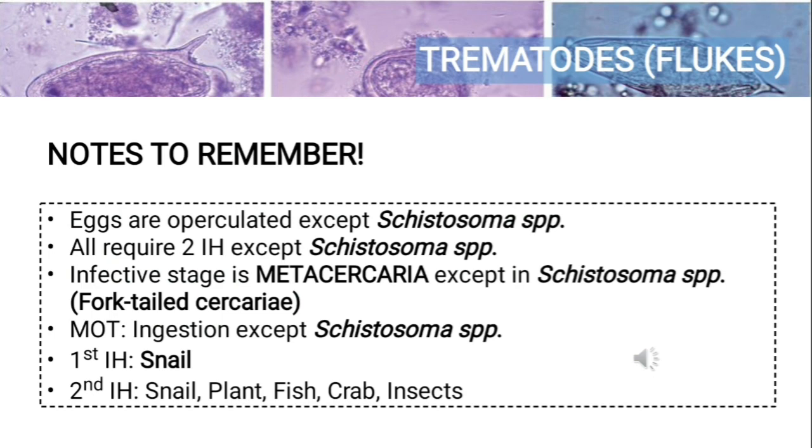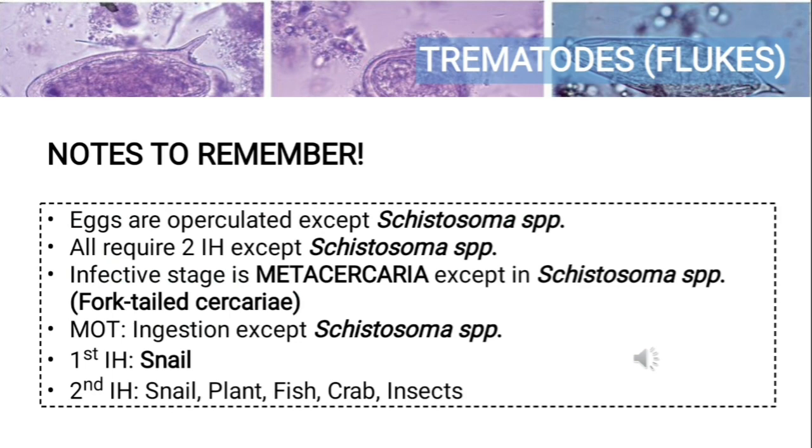The mode of transmission is via ingestion except in Schistosoma species. The first intermediate host for our trematodes is the snail, and the secondary intermediate hosts are the snail, plant, fish, crab, and insects.